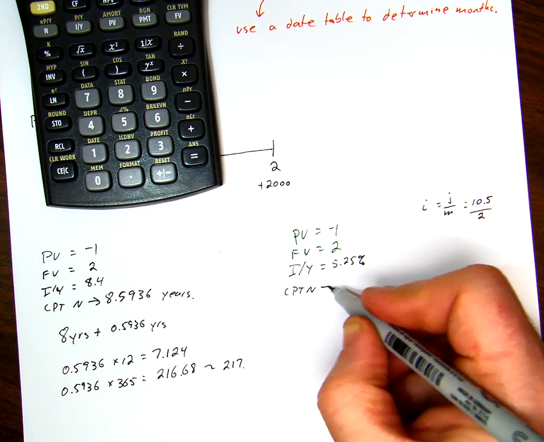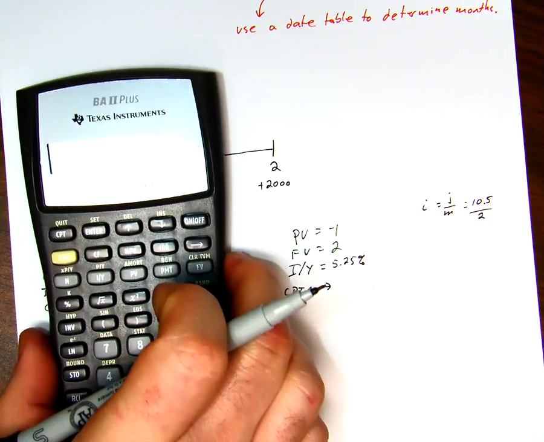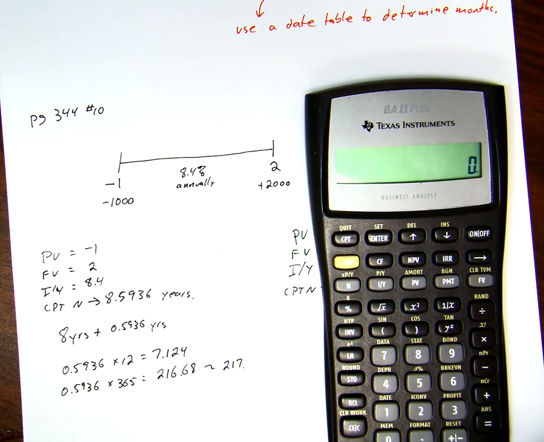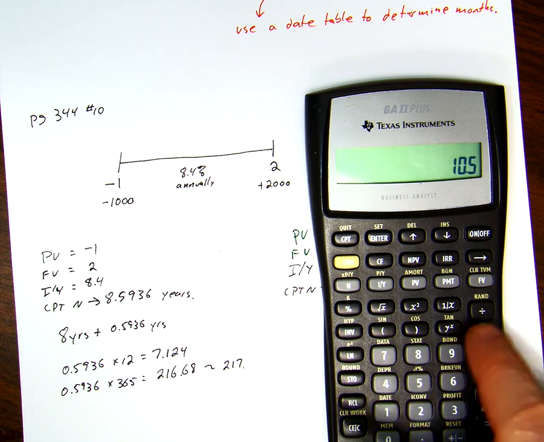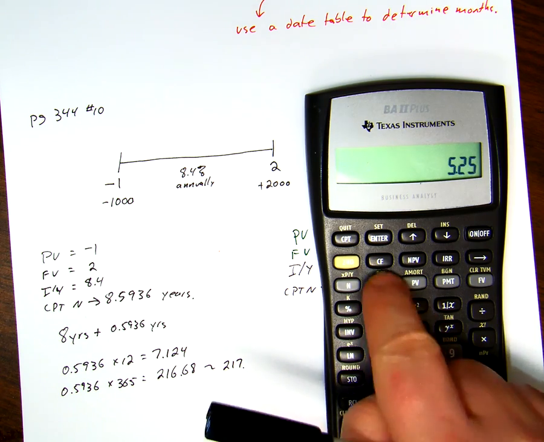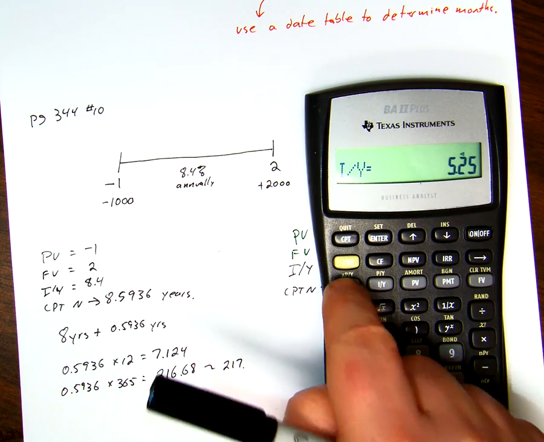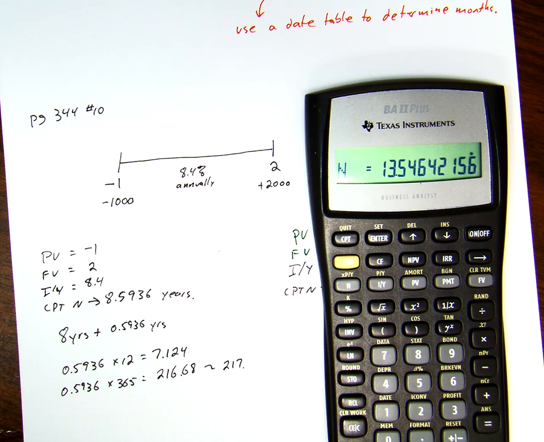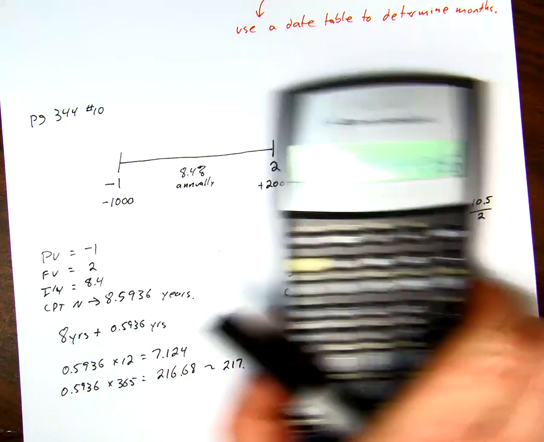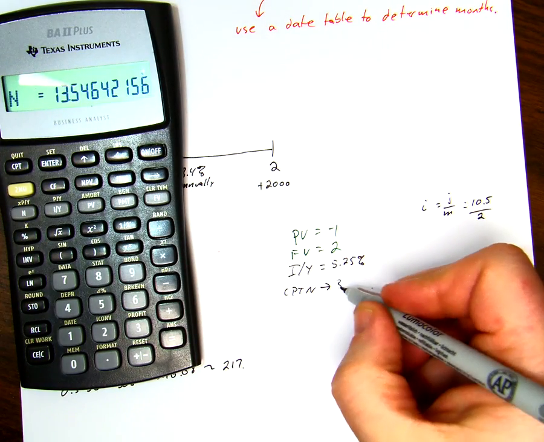We compute the N, and the result of this is going to be 10.5 divided by 2, I per Y, compute N, and it says 13.546 periods.